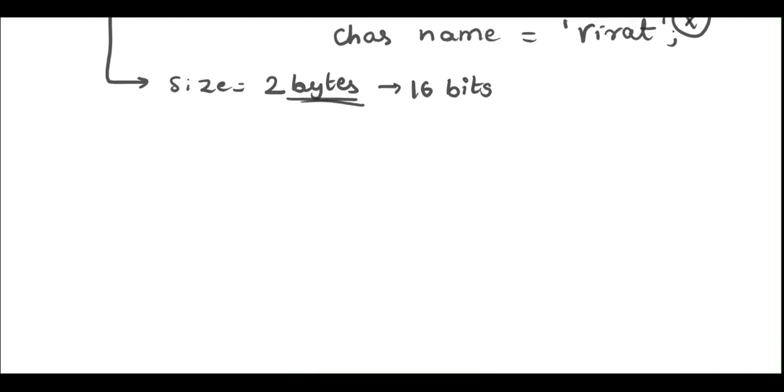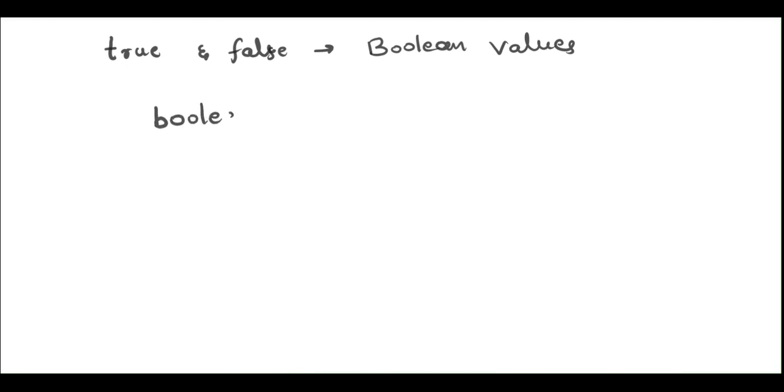And the next one is, I need to store Boolean values such as true and false. These are Boolean values. For that, we have to use the Boolean data type. And the size of the Boolean data type is 1 bit, because we can store true, which it will consider as 1, or we can store false, that is 0.